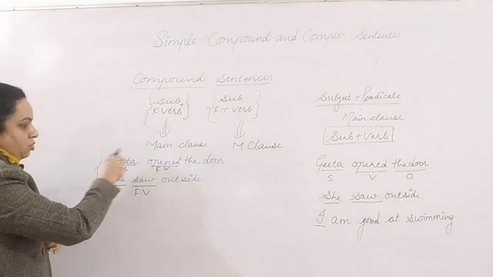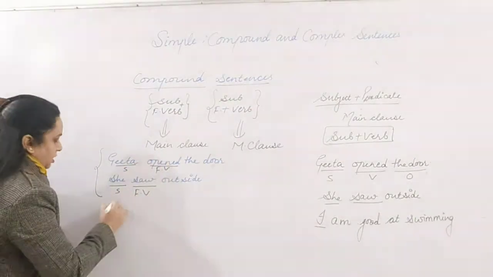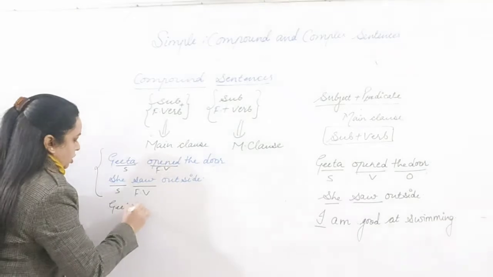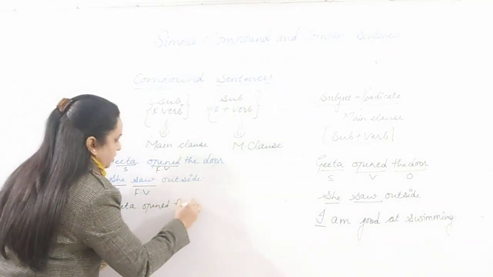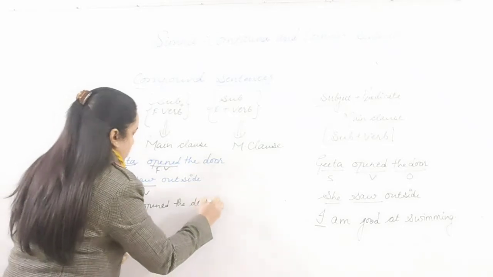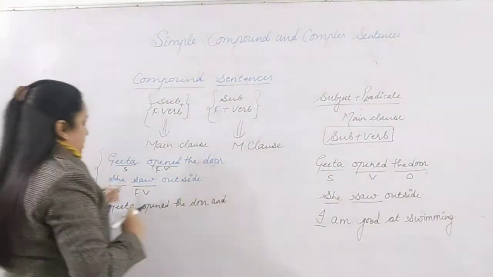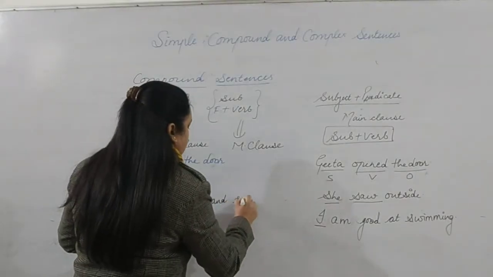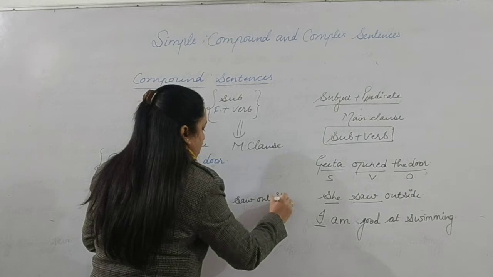Now we have written two sentences of main clause type, and there is a need to join them. So we will frame a sentence: "Geeta opened the door and saw outside."